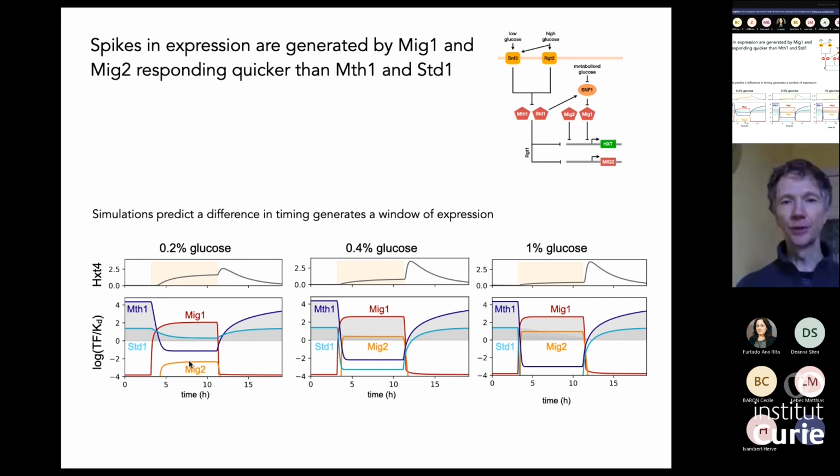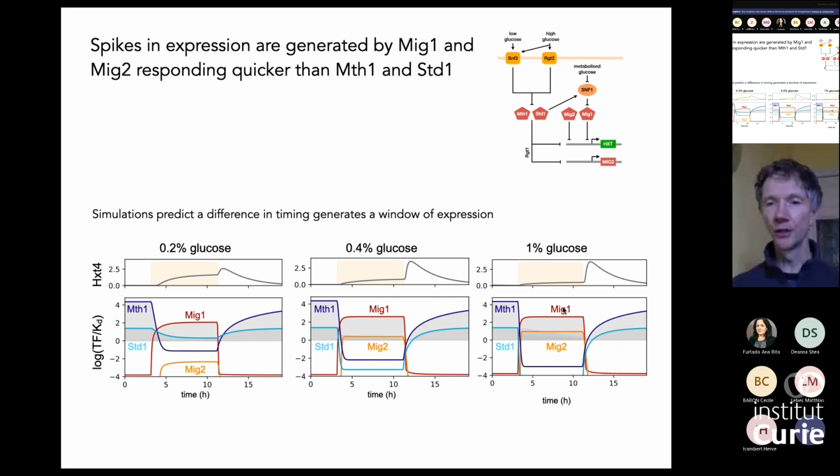In this case, MIG2 never reaches levels where it can control the expression of the hxt. If we go into higher glucose, that changes a little bit, but not very much. Again, MTH1 in this region is dominant. When we move into glucose, MTH1 is degraded, MIG1 moves into the nucleus and starts to repress. But in this case, glucose is so high that I also get significant synthesis of MIG2, and it also actively represses.